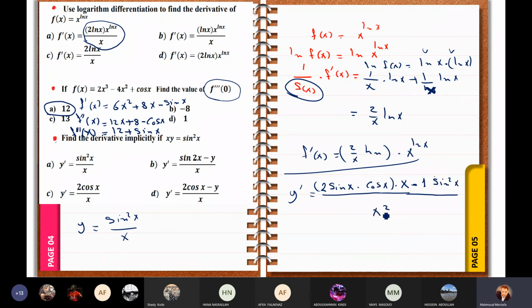Down would be x squared. Just simplify now. 2 sine cosine multiplied by x. 2 sine x cosine x is what? It's sine 2x.